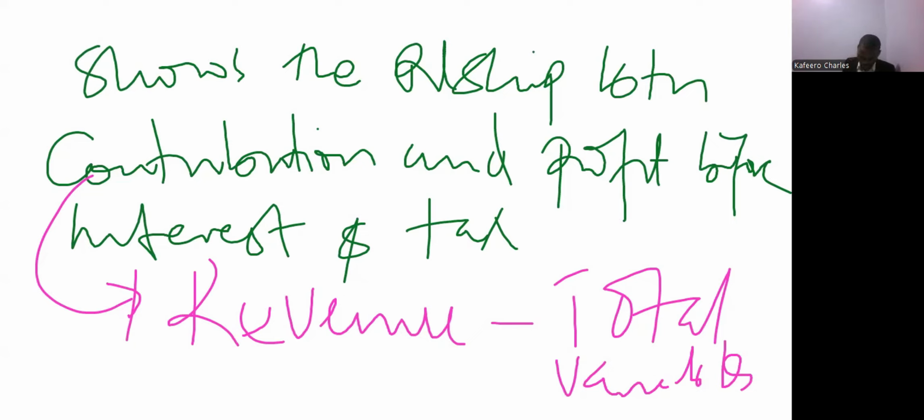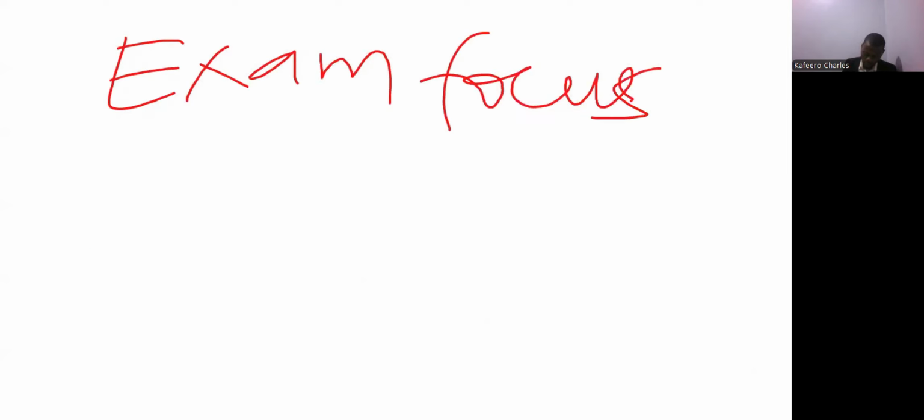Now, let's focus on the exam. Let's put our focus on the exam. So, the examiner will come out clearly to tell you either to compute any of the above gearing ratios. So it can tell you to compute financial gearing ratio or what we call the operational gearing ratio.